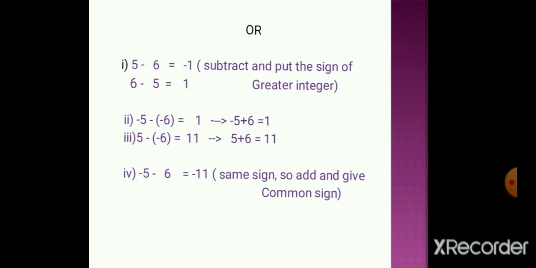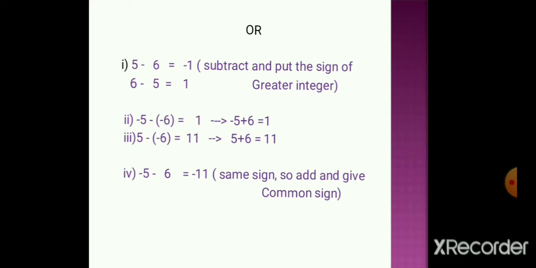Similarly, 6 minus 5, you have to subtract two positive integers, subtract and give the sign of the greater integer. Here 6 minus 5 gives 1, and the sign of the greater one, that is 6, is positive, so the answer is positive 1. Okay, then the second one is minus 5 minus 6, where you have to subtract two negative integers.